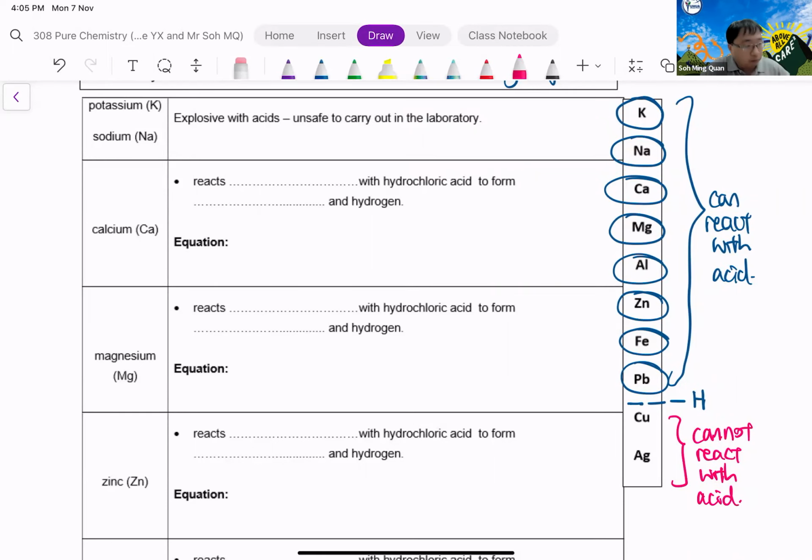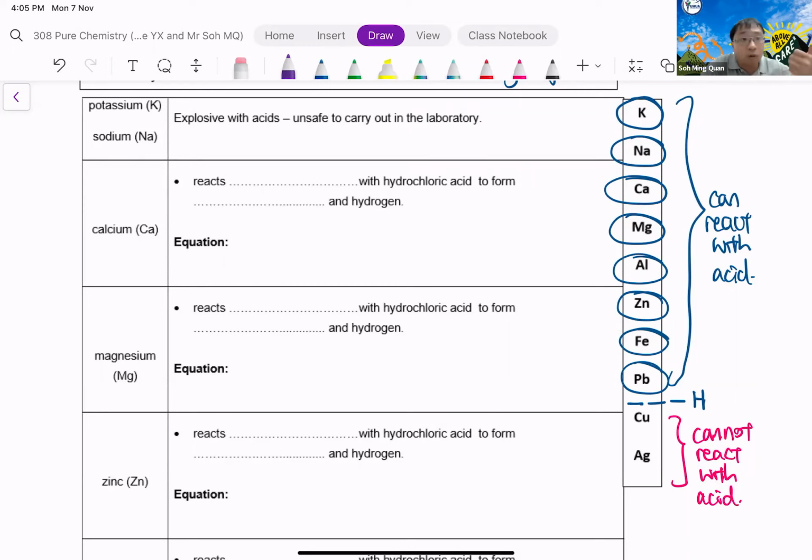So now let's go through. So obviously potassium and sodium, again, they are explosive with acids. And that's the reason why to prepare potassium and sodium salts, if I want to make sodium chloride, I'm not going to add sodium metal to HCl. It's explosive. It will give NaCl, but you can't collect it because it explodes, right? If it has exploded, there's no way to collect the salt. Therefore, we do not add metal to acid to make sodium chloride.